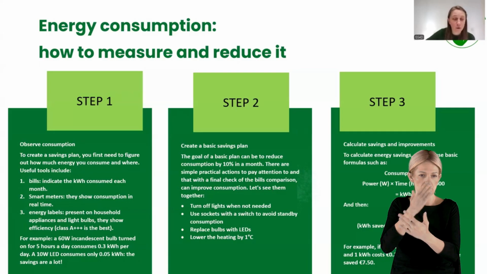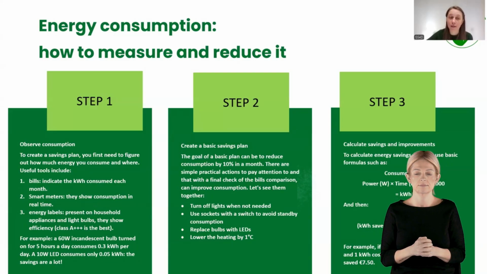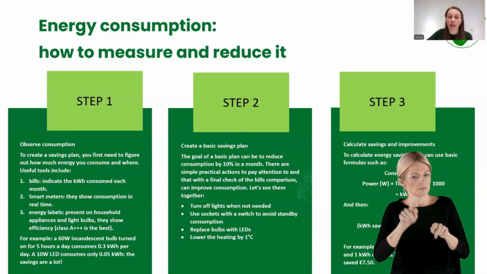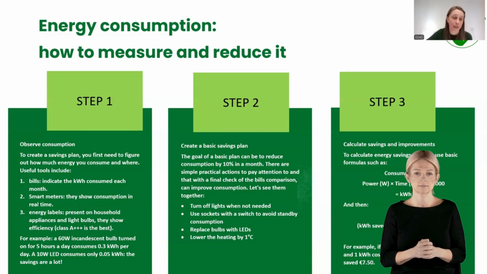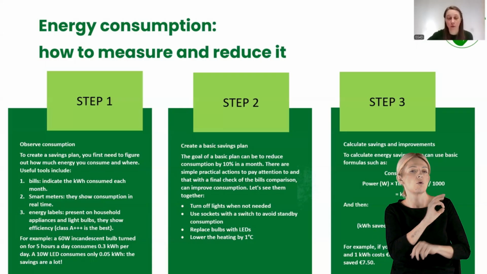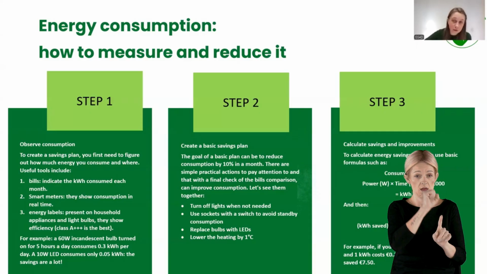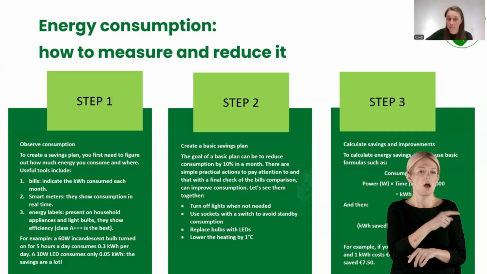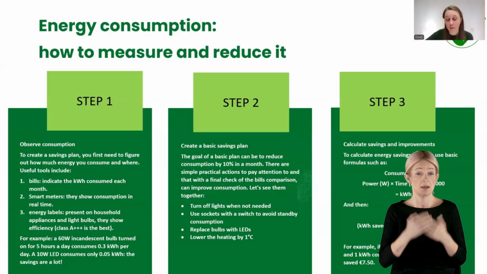And then we have also energy labels that we can check. For example, when we buy a light bulb, we can check the energy class of this light bulb. If it's, for example, class A+++, it's the best because it uses a really little amount of power, and it consumes just a little bit, and we can save energy and money, and the environment, first of all, is the beneficiary.